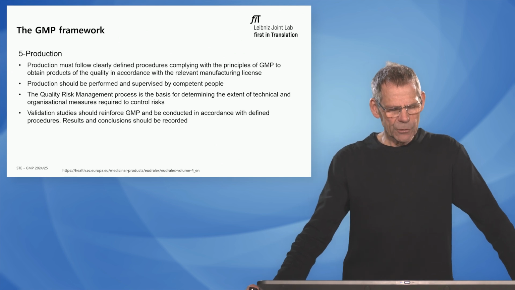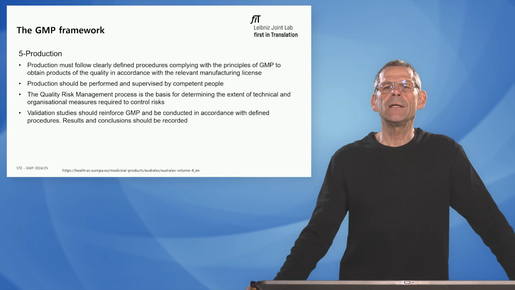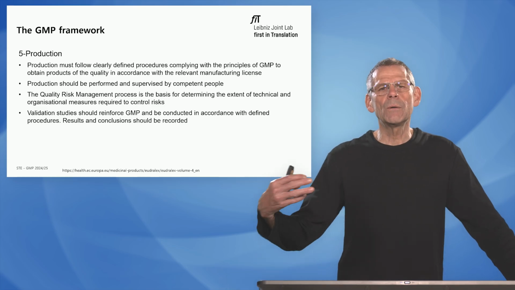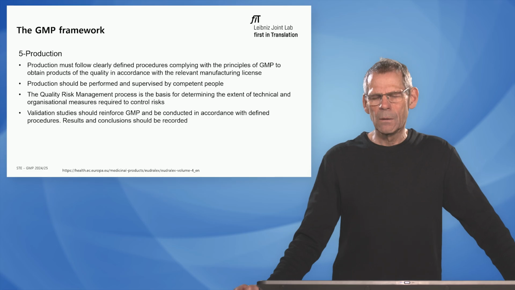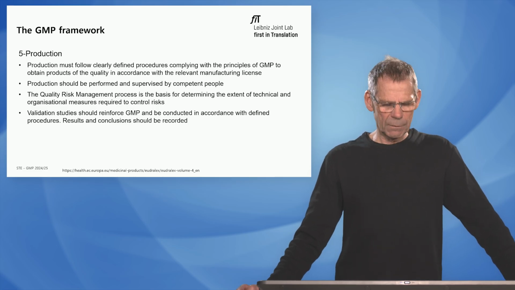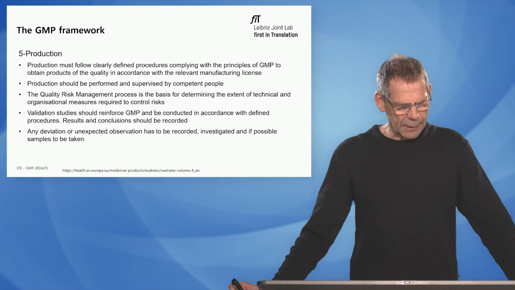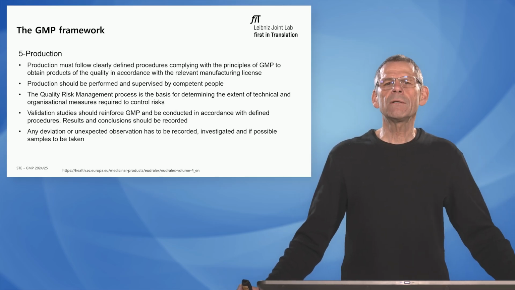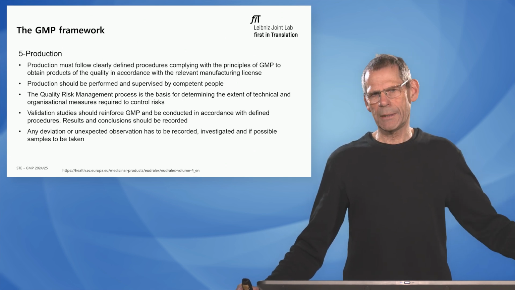Then we have validation studies, which should be reinforced by GMP and conducted in accordance with the defined procedures, and the results and conclusions should be recorded. So we always do some validation studies to see if the manufacturing is still within the quality range and the GMP rules. And any deviation or unexpected observation has to be recorded, investigated, and possible samples to be taken.